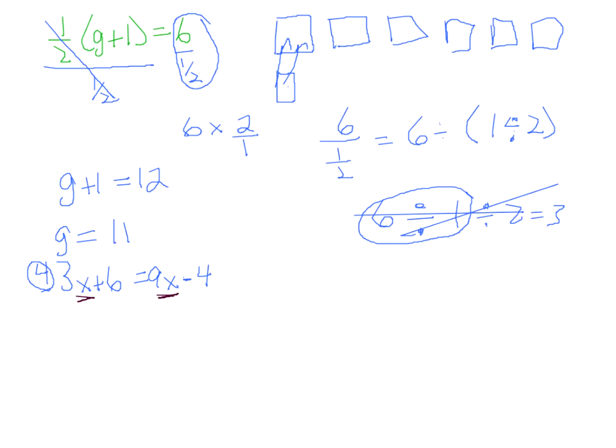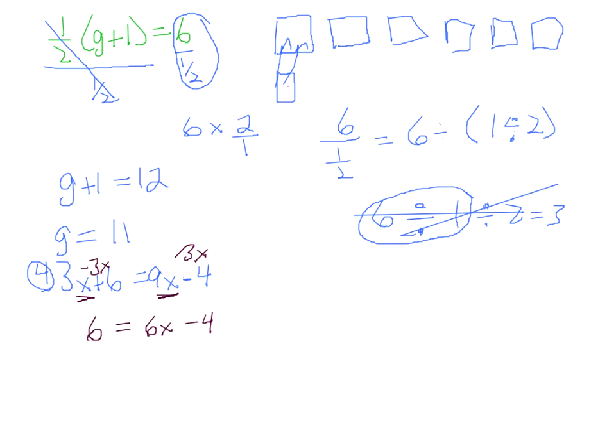So what we could do here is we could subtract 3x from both sides. And 3x minus 3x is 0, so I just have 6 on this side. And here I would have 6x minus 4. So now, just by subtracting 3x from both sides, which we're allowed to do, we're allowed to do anything to both sides as long as we do it to both sides.